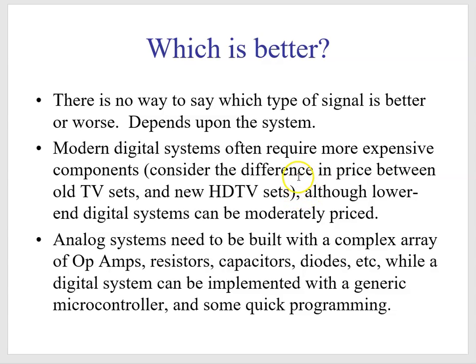That's much more expensive than older phones that just did one thing, right? Analog systems also need to be built with a complex array of op amps, resistors, capacitors, and diodes, while a digital system can be implemented with a generic microcontroller and some quick programming. So it makes the field of programming much bigger.